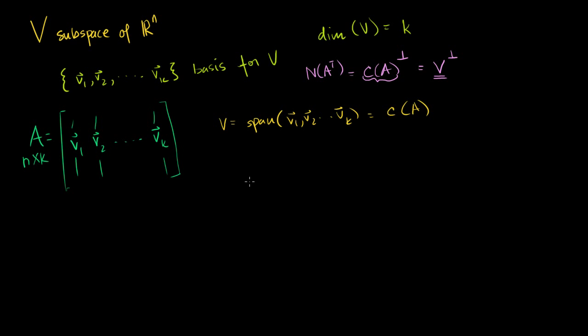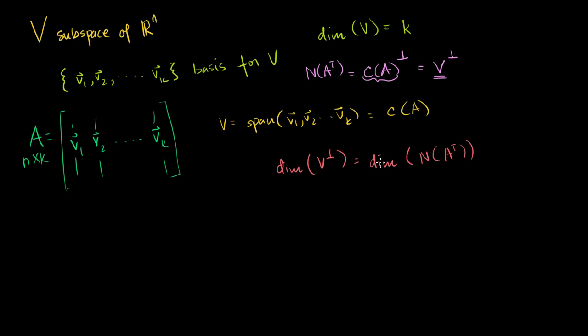So the dimension, I get tongue-tied sometimes, the dimension of the orthogonal complement of V is going to be equal to the dimension of the null space of A transpose.